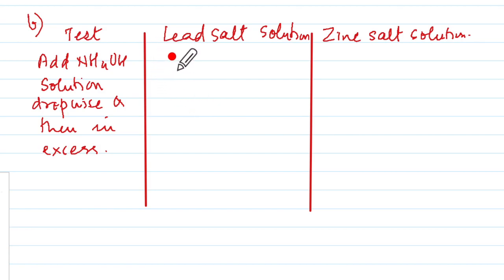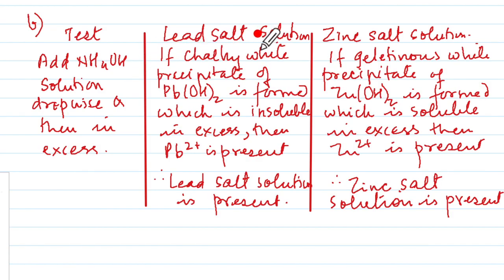So let's see how we write it. With lead salt we will have a chalky white precipitate of Pb(OH)2 formed, which is insoluble in excess of NH4OH. Then Pb2 plus is present, therefore lead salt solution is present. For zinc, you say a gelatinous white precipitate of zinc hydroxide is formed, which is soluble in excess.